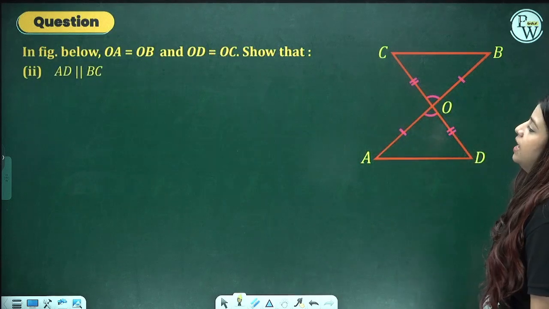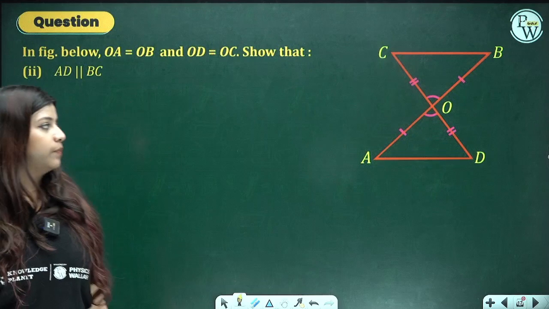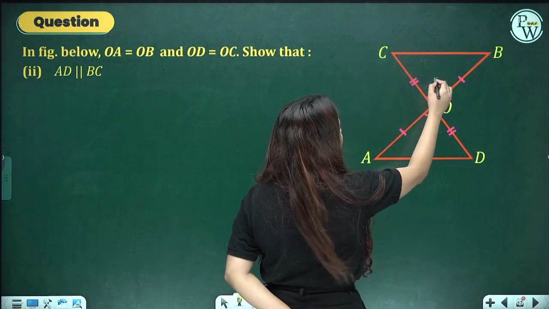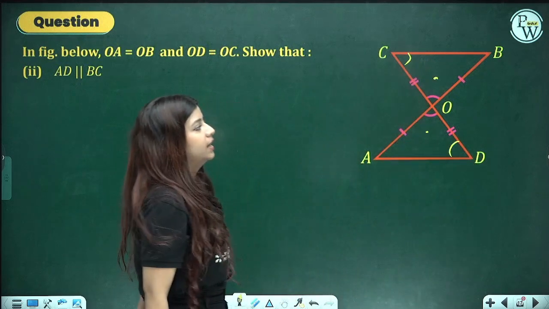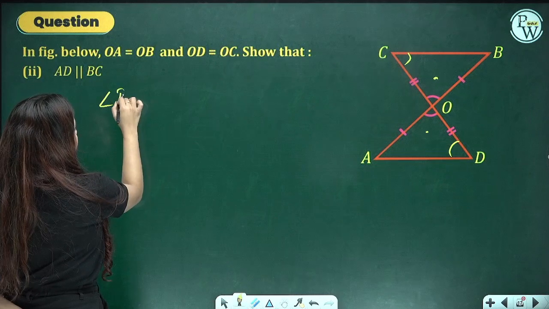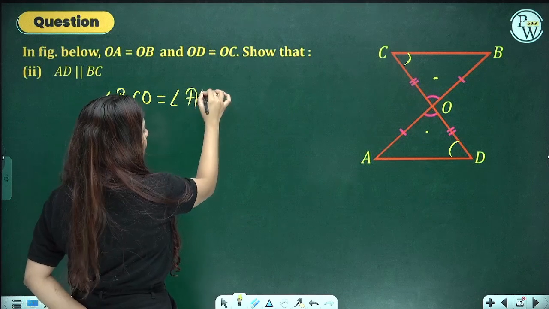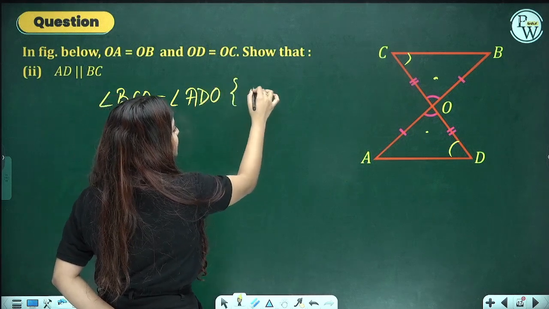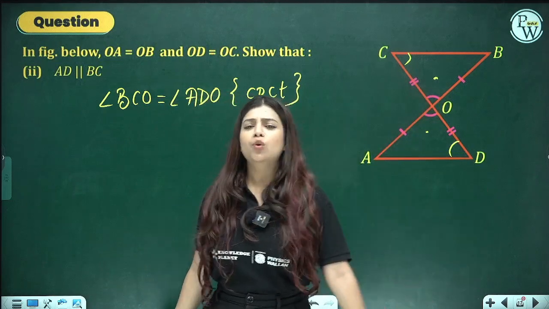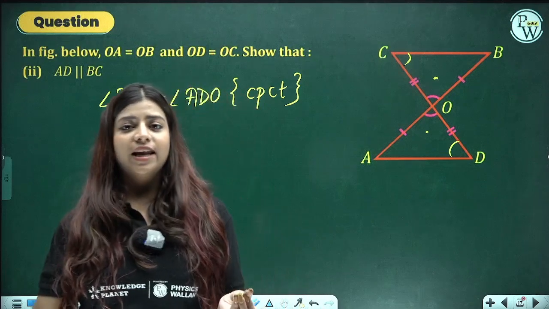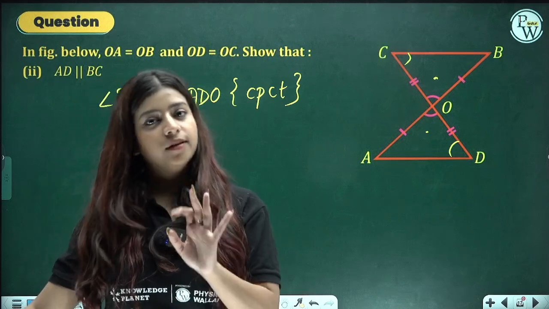Now the next thing, AD is parallel to BC. Now we have to prove that AD is parallel to BC. So first of all, if these two triangles are congruent, students, I can say this angle is equal to this angle. I can say that angle BCO will be equal to angle ADO. And why can I say this? By CPCT. Once I have proven the congruency in two triangles, as per CPCT, the remaining angles and the remaining sides will be equal to each other.